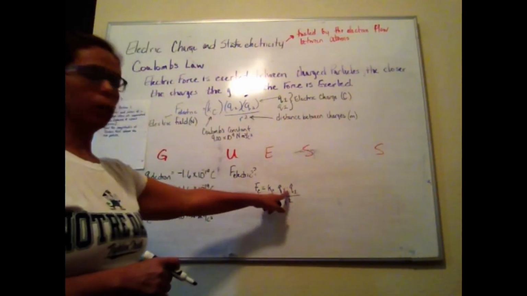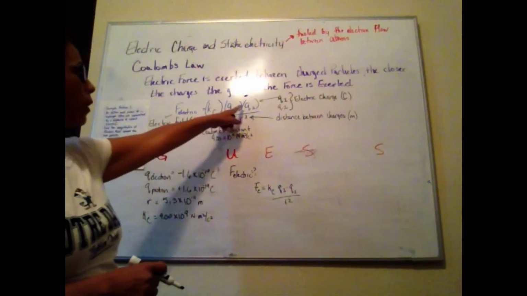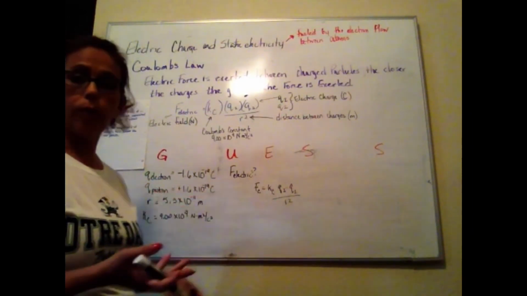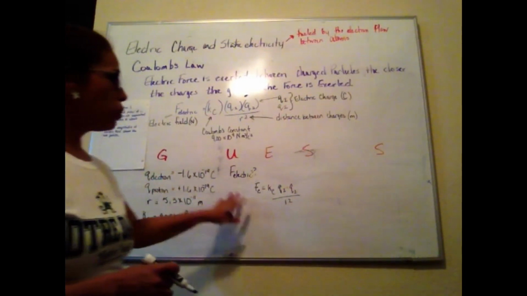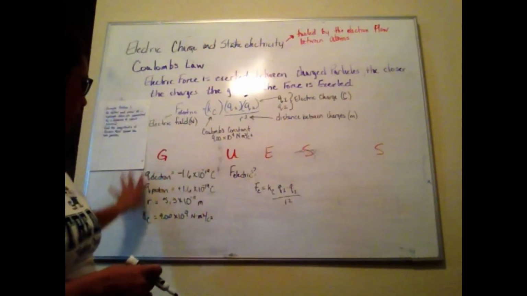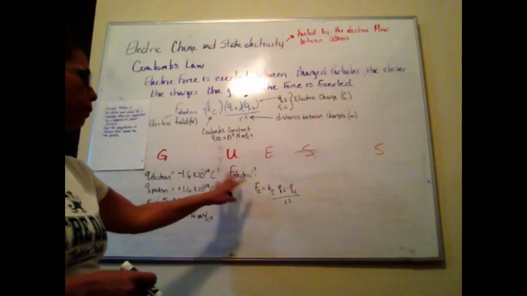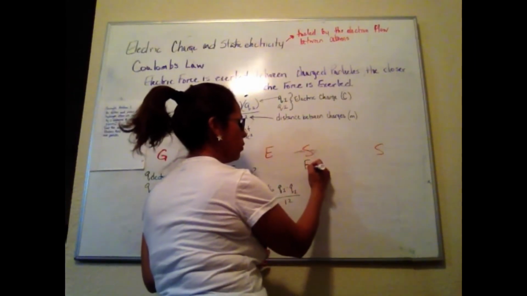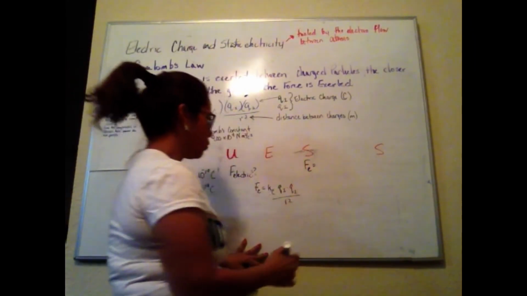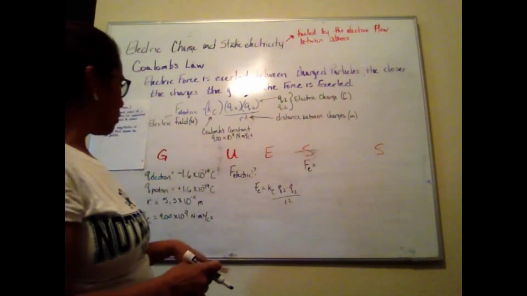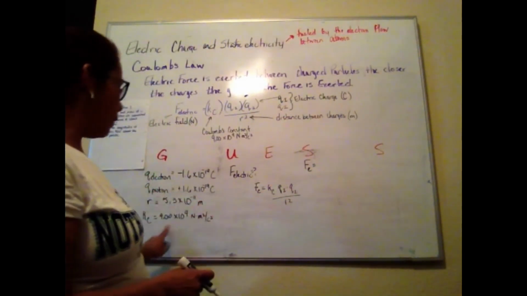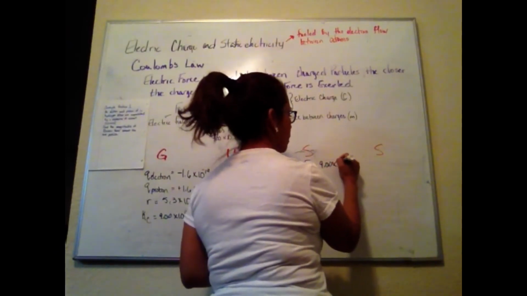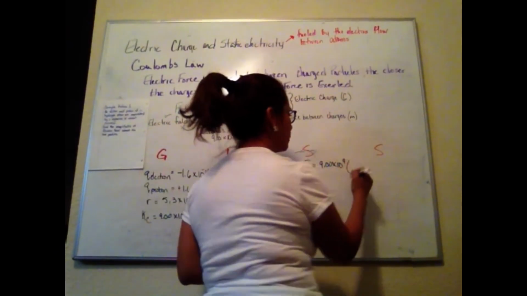Now I can either put the little dot for the multiplication point, or I can put parentheses the way I did on top. It doesn't matter. In either case, we know that means multiplication. So now let's substitute all our numbers into the equation. The force is what I don't know, so I'm going to continue writing Fe is equal to my values. I have a value for K, my constant, 9.00 times 10 to the 9th power.